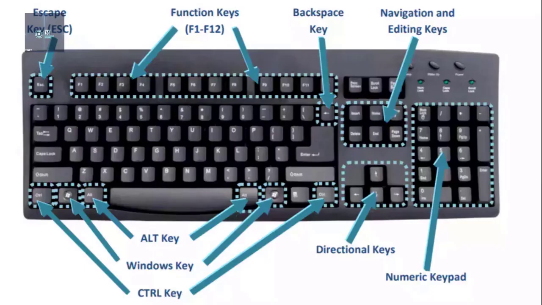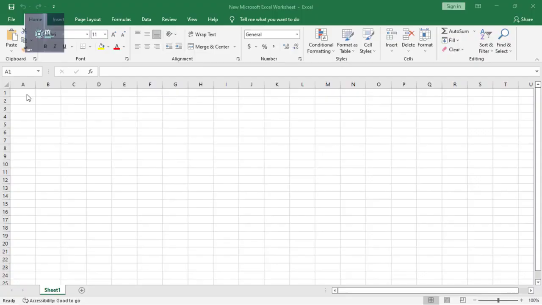Keyboard shortcut. For basic worksheet navigation, you can use some keyboard shortcuts. Use the arrow keys on your keyboard to activate cells on the worksheet.